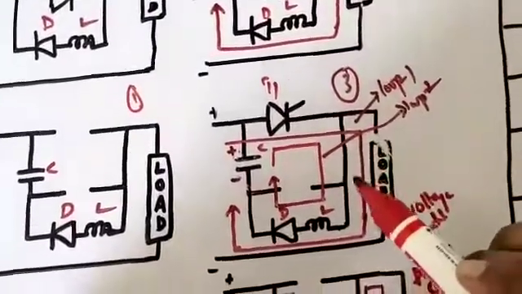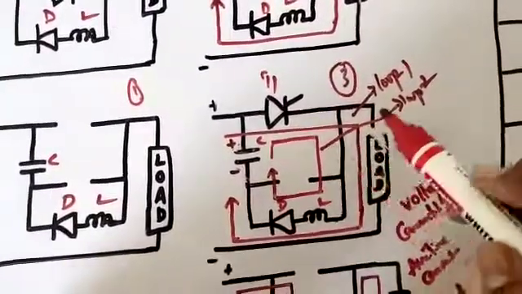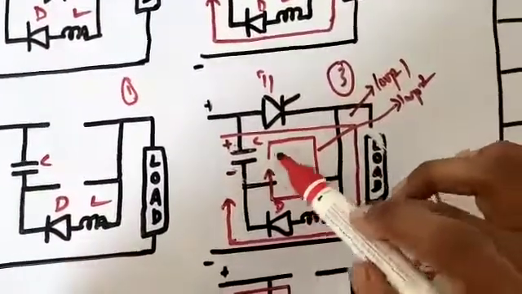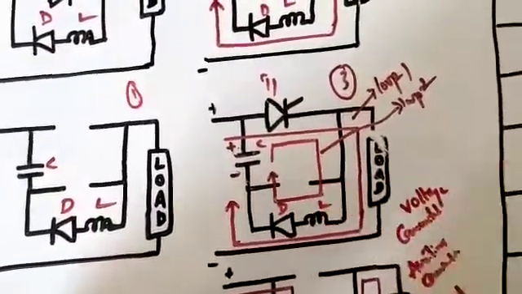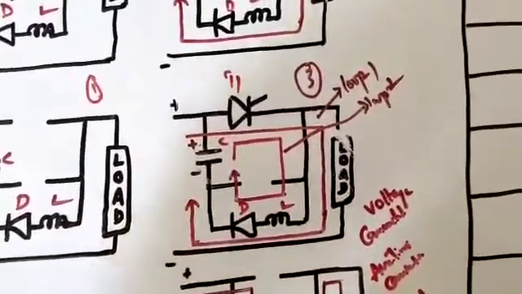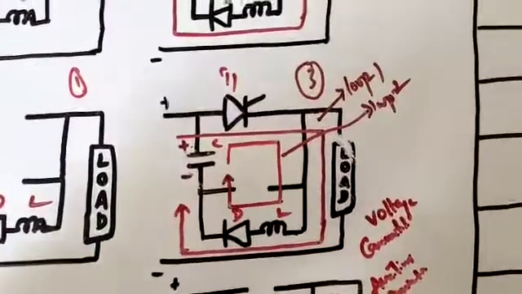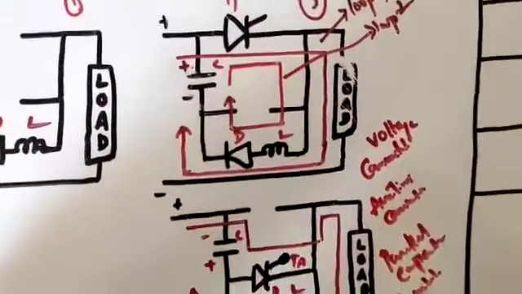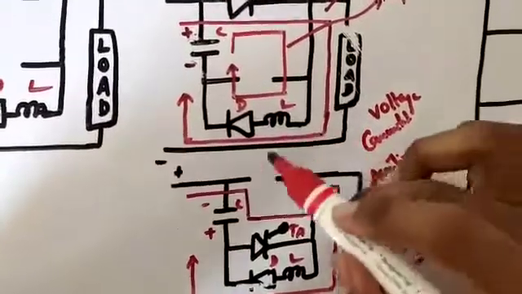In loop 2 the commutation current flows as the capacitor discharges. After the capacitor has completely discharged, its polarity will be reversed as shown in the figure.